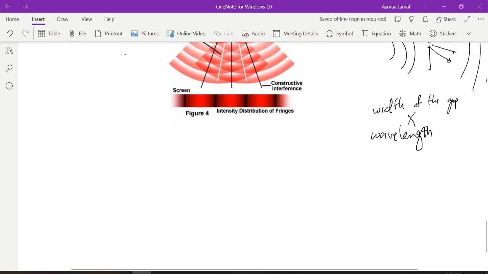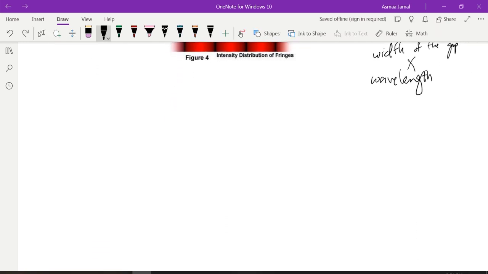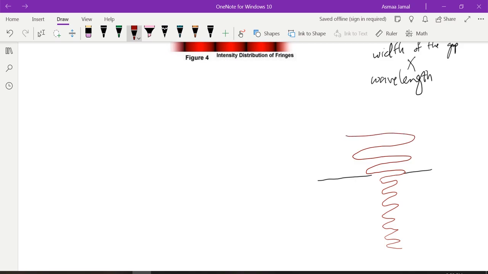Which means if we have a gap much larger than the wavelength, the spread then is small, not that big. If the gap has almost the size of the wavelength, this will cause a lot of spreading.